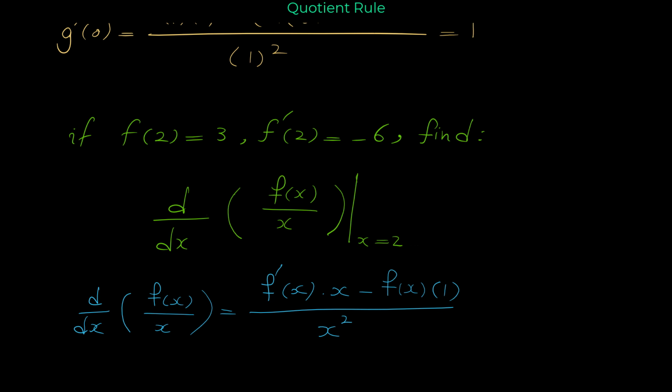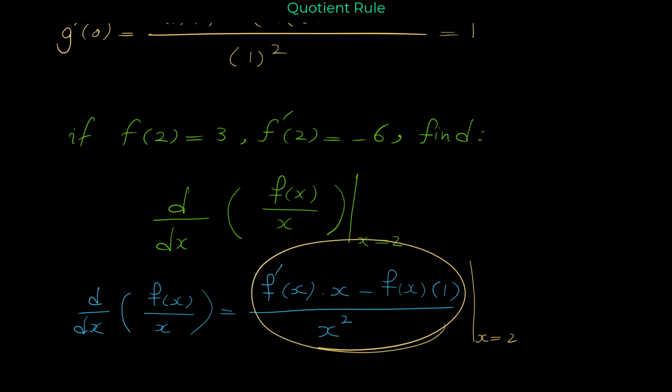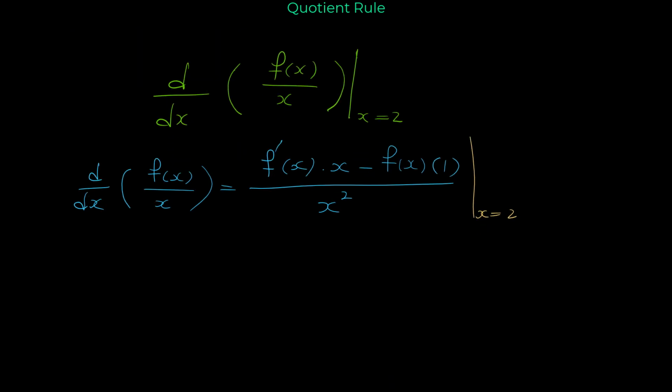So now we have to substitute 2 for x here. If we do so, we have f prime of 2 times 2 minus f of 2 over 2 to the 2.